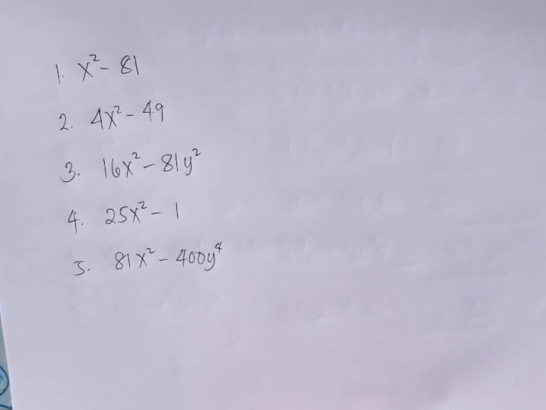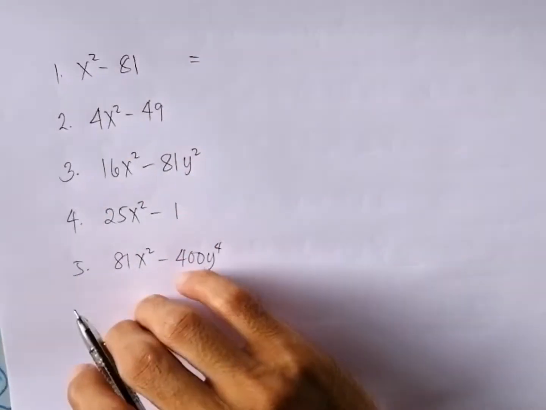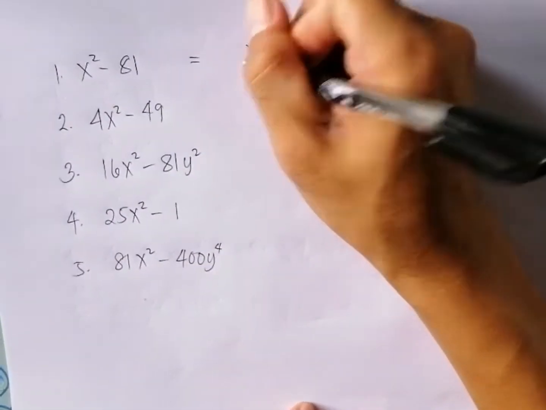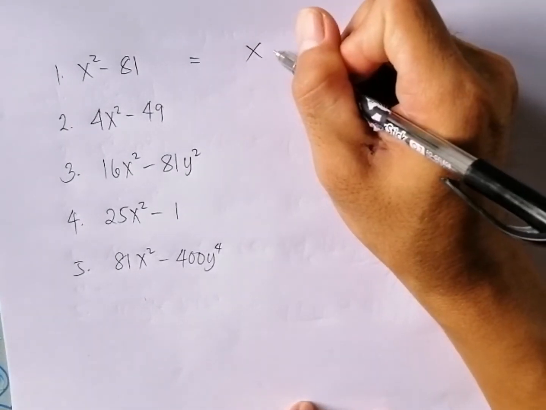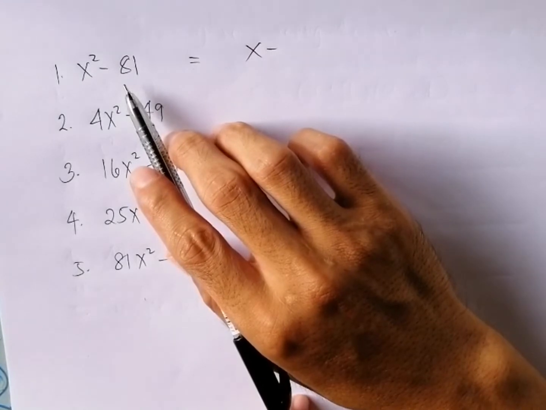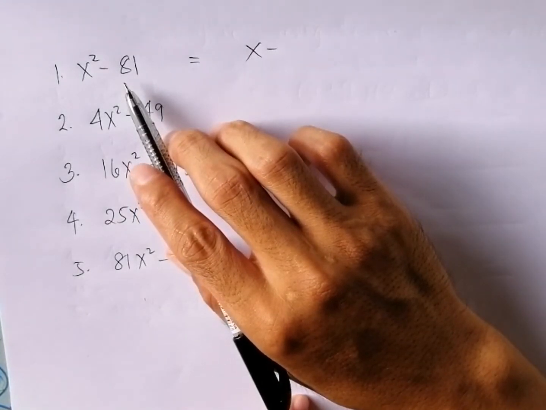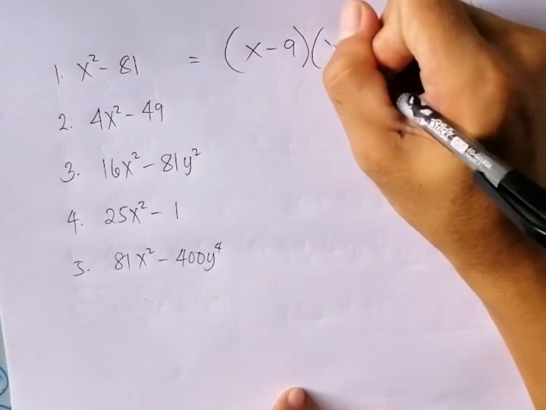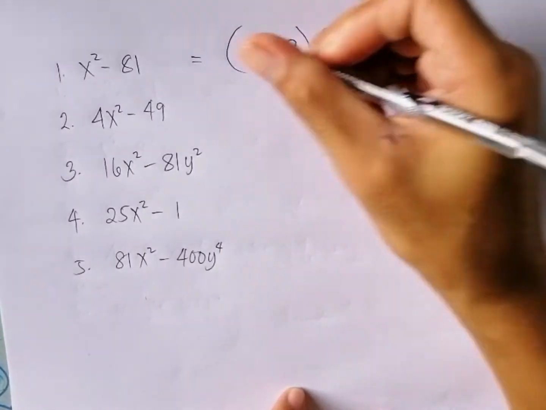Okay, the factor of this x squared minus 81, so this is equal to the square root of x squared, that is x, minus the square root of 81 is 9. So x minus 9, x plus 9.